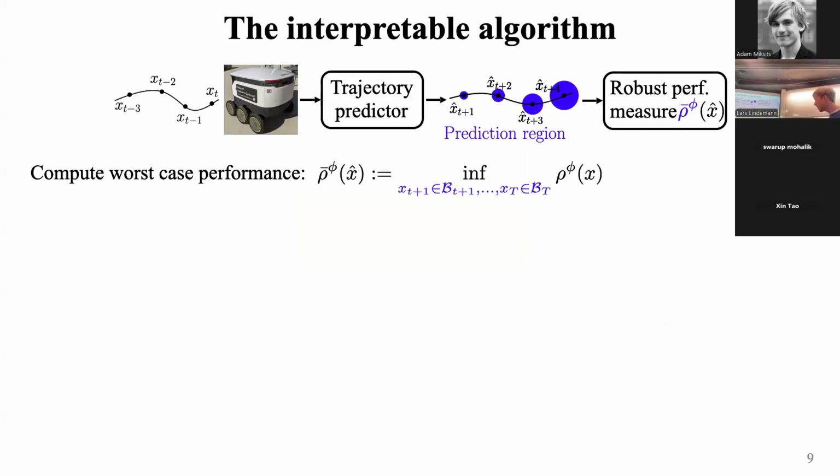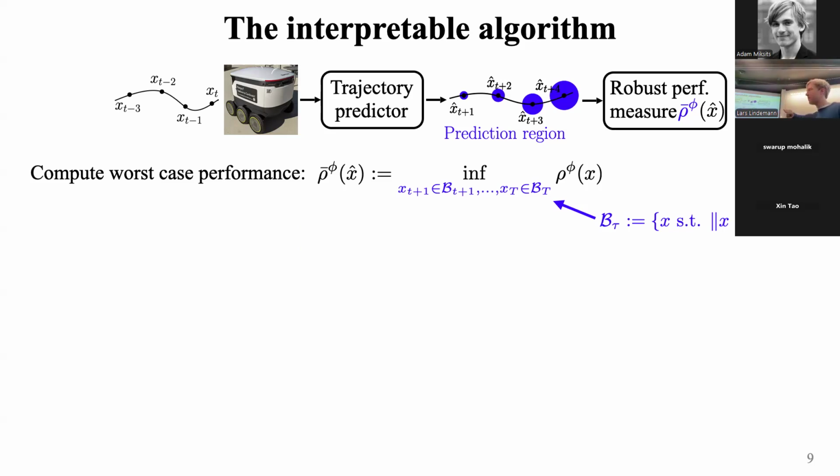What we're doing then, having computed these regions as elaborated on before, is we compute again this worst case performance measure, meaning we take the worst case performance measure over all the states in our prediction regions, okay? Now, for a second, if you just have a performance measure that is some function, some convex function, for instance, you can conveniently compute that, right?